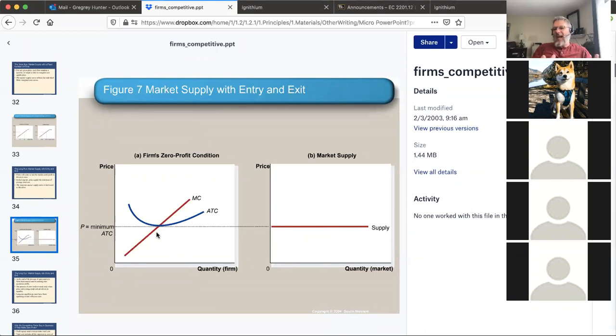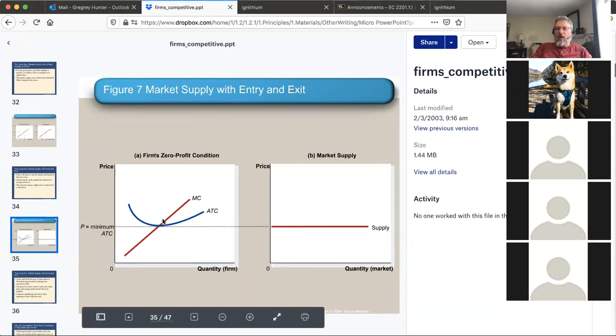Well, they don't have any fixed costs. So unlike the firms in the short run, who might continue to produce for a while to cover some of their fixed costs, in the long run, firms don't have any such motivation. So if they're earning a profit, other firms will enter the market and start up.